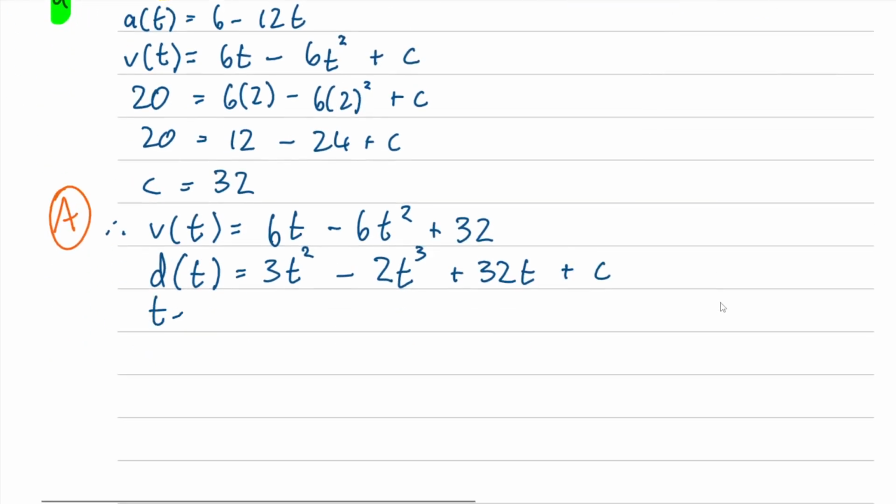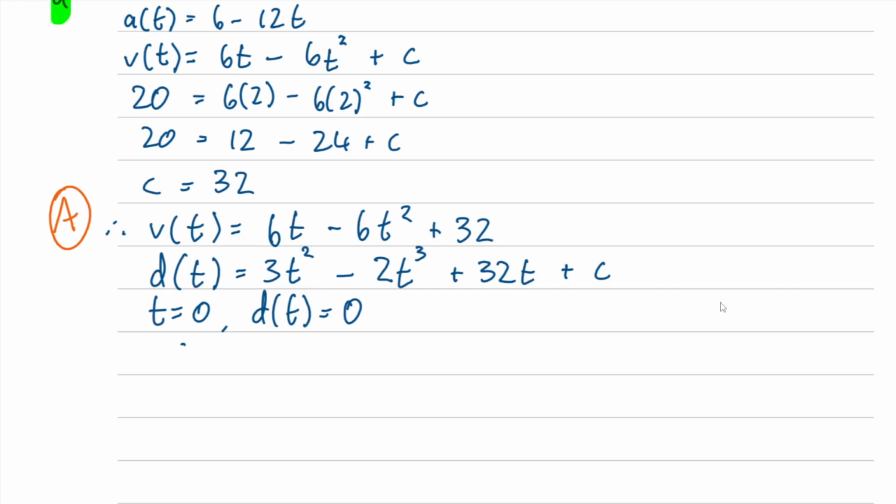So we could write that: when time is 0, the distance is also 0. Again, that is often implied in these types of questions, but do read the question thoroughly, because sometimes the starting distance isn't 0, but then they would have more information on that.